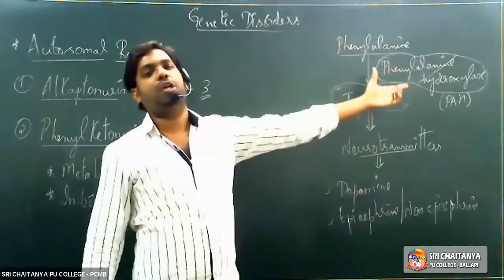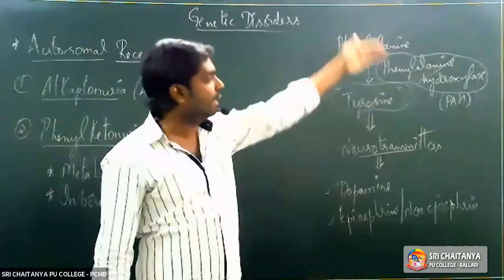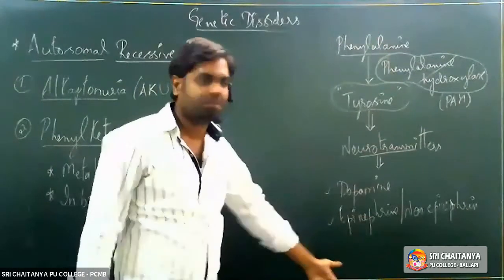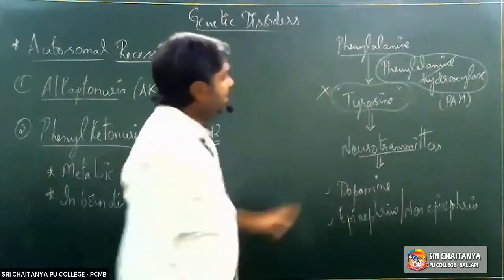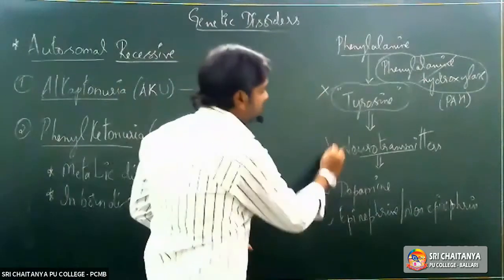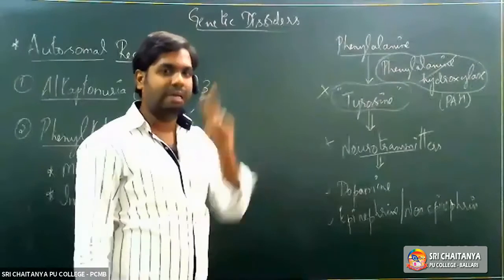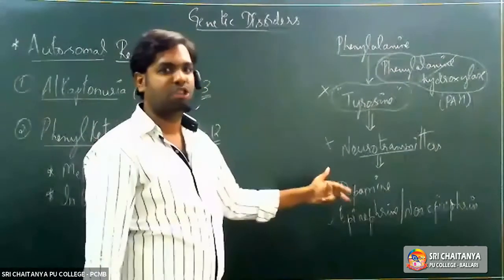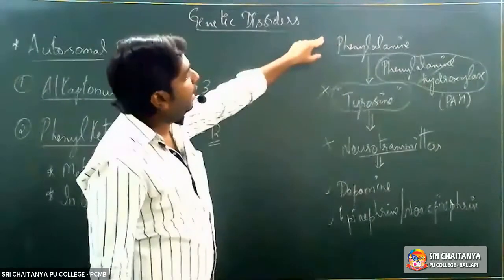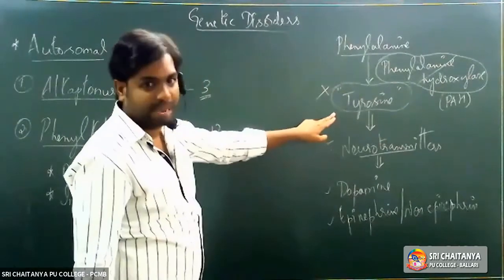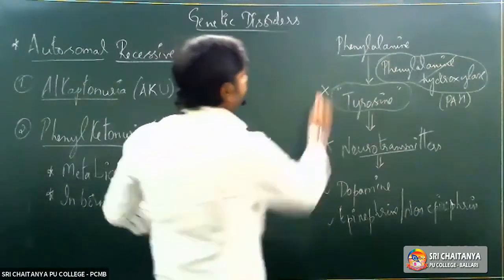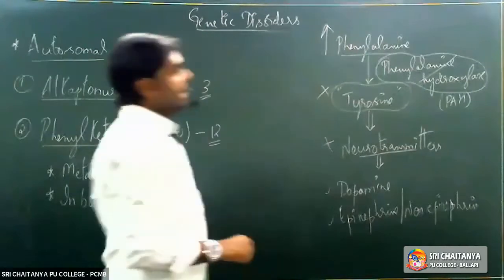So if this gene is not formed, what would happen? The entire metabolic processes would be affected. Tyrosine is not formed. Since tyrosine is not formed, the neurotransmitters are also not formed. So what would happen? Two conditions will be seen as a result of this. First condition, since phenylalanine is not getting converted to tyrosine, phenylalanine concentration in the body will start increasing.